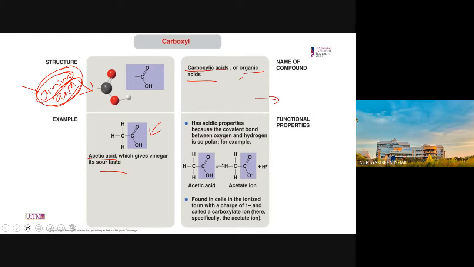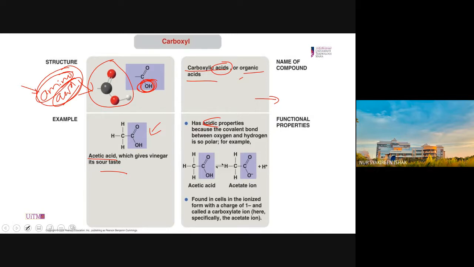So its property, as the name implies, carboxylic acid, is acidic. Why? Because if the compound is in aqueous solution, dissolved inside water for example, the OH part of the molecule here will dissociate.